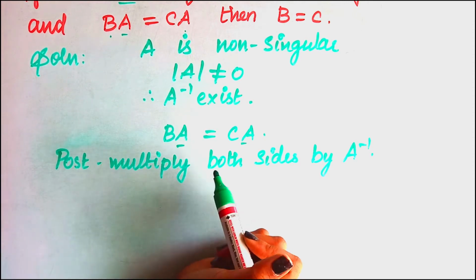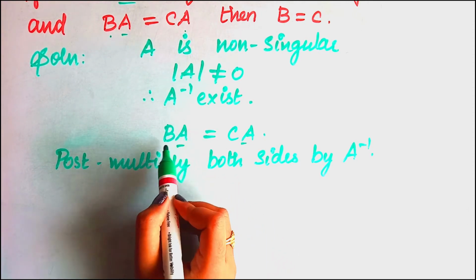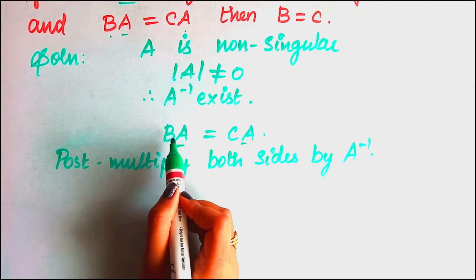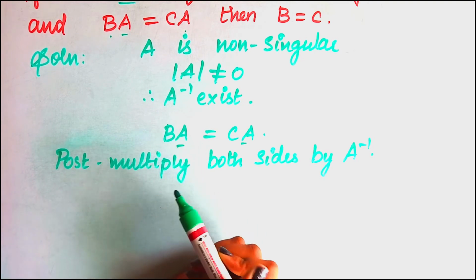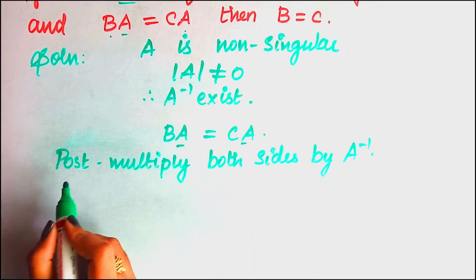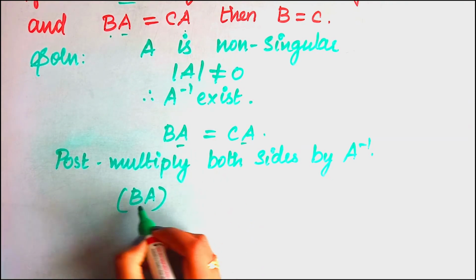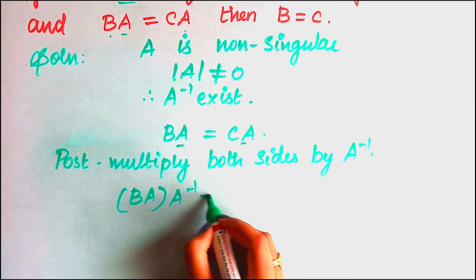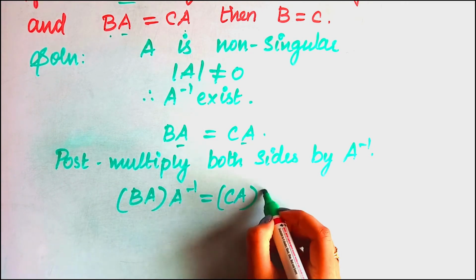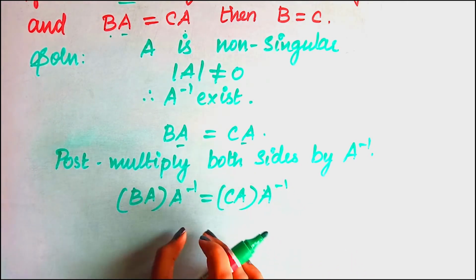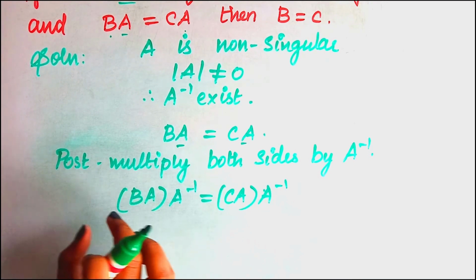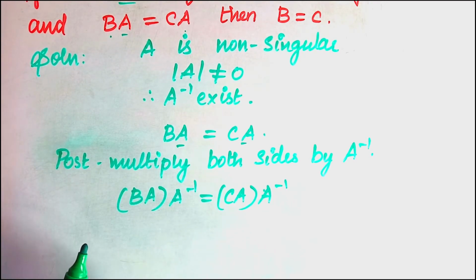Now here we are multiplying A inverse to the right-hand side of B, which is after the value B, so we are going to say this as a post multiply. Now let's multiply BA into A inverse and CA into A inverse. So we are multiplying A inverse after this value, so you are saying that as a post multiplication.